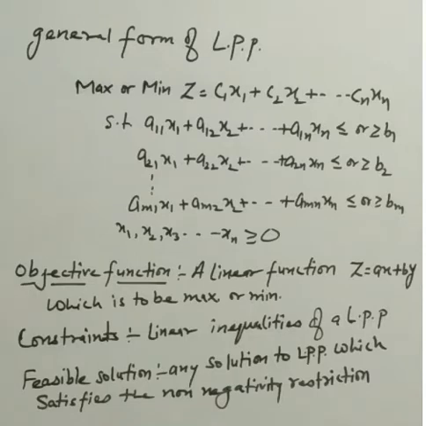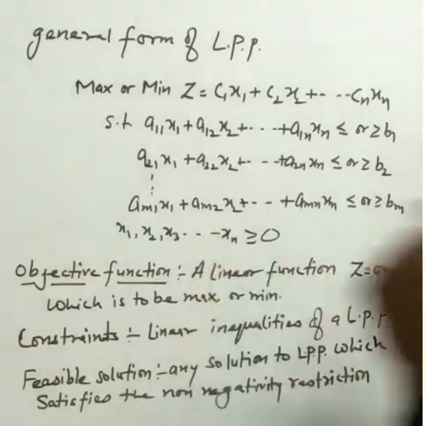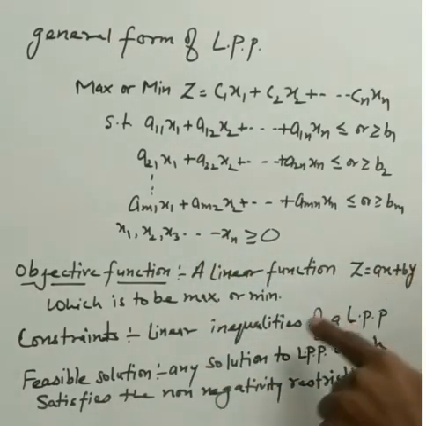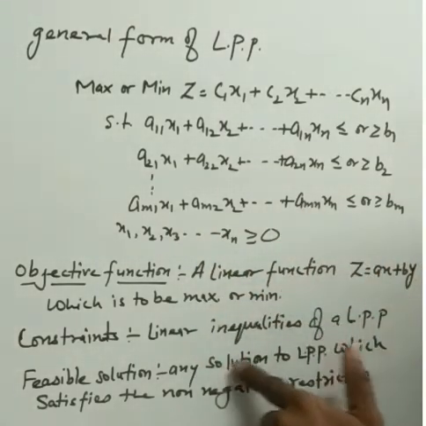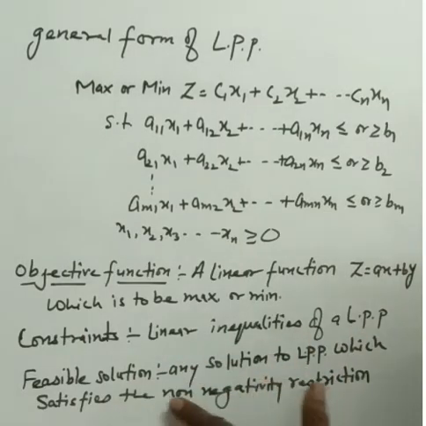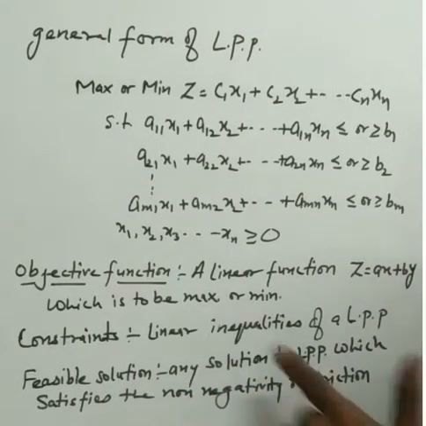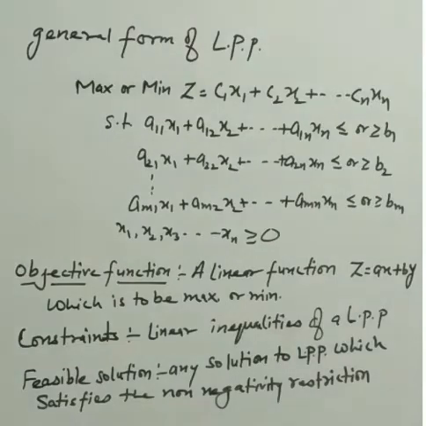Now in any linear programming problem, we get a set of variables which satisfy the non-negativity restriction. Any solution which satisfies the restrictions is known as a feasible solution.